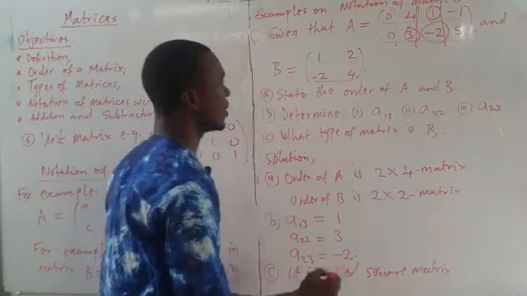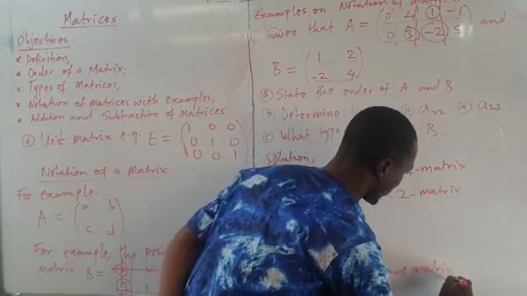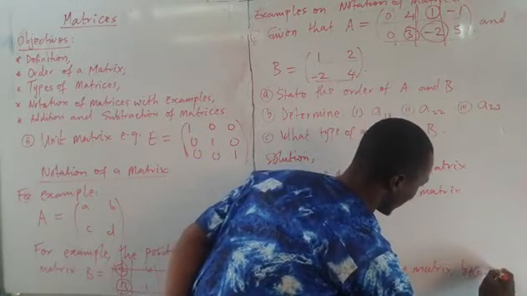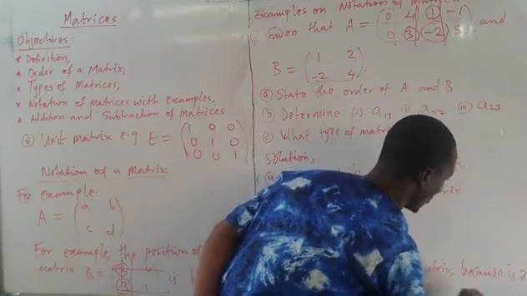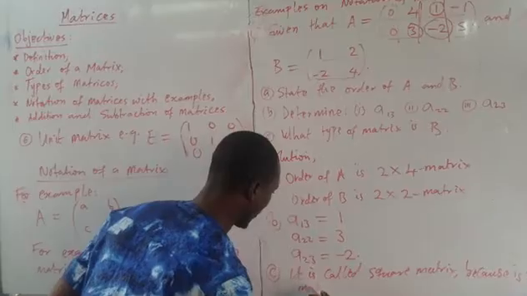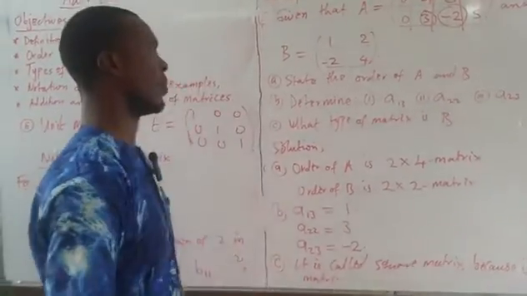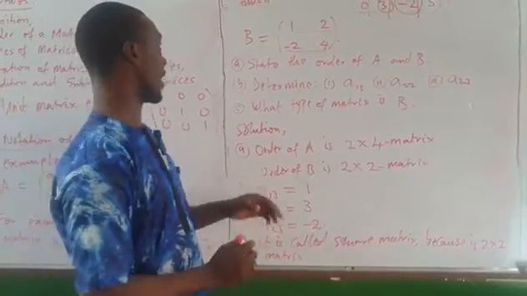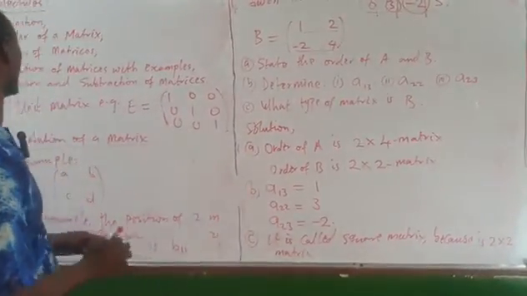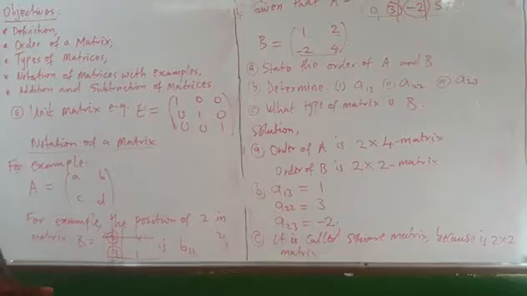Why? Because the number of rows is equal to the number of columns. So that is it on examples on notation of matrices.